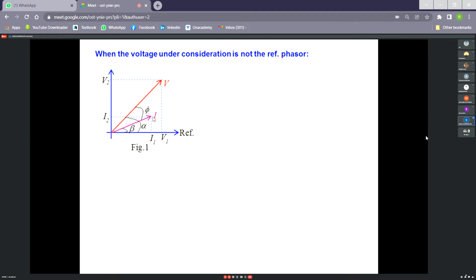Their magnitudes and angles are calculated with respect to some other reference. So for this example, if the horizontal line is the reference, then the voltage is at angle alpha leading from the reference and current is at angle beta leading from the reference. But if we see the voltage and current, then this is a lagging circuit, right?